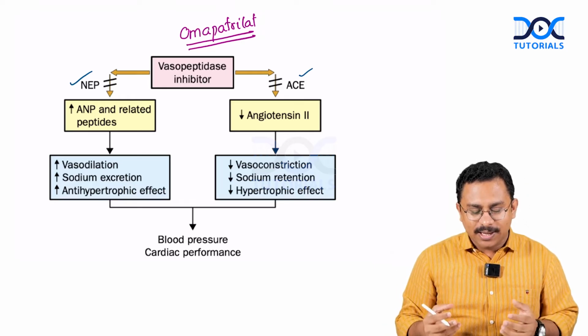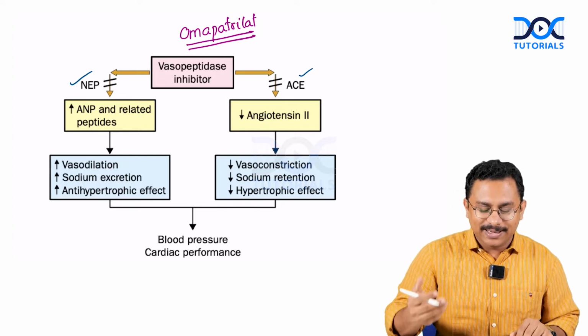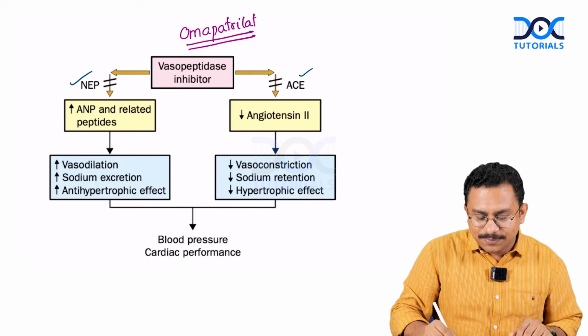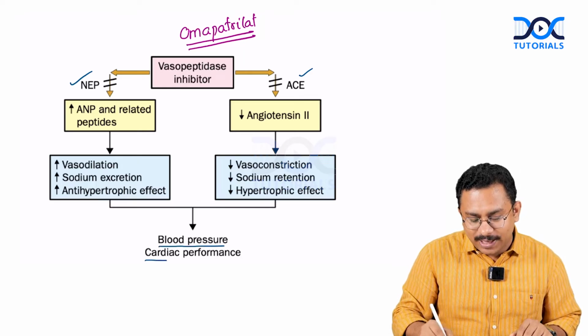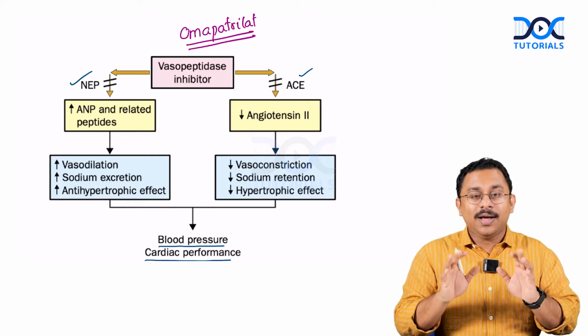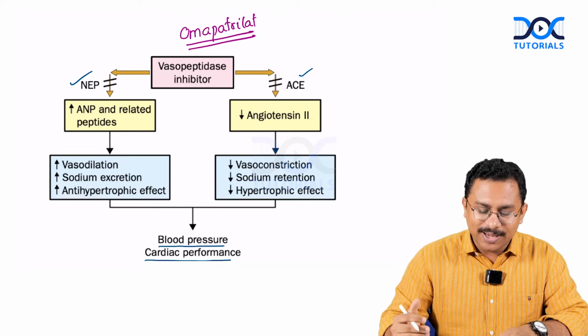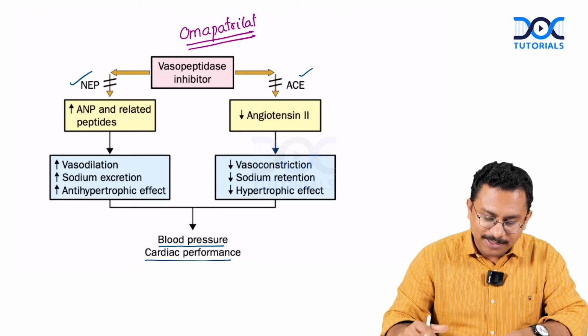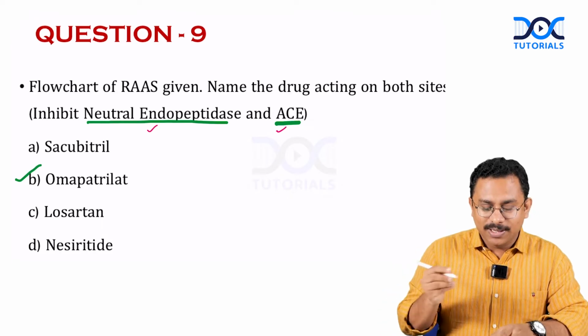Subsequently, they cause vasodilatation, excretion of sodium, and have an anti-hypertrophic effect. So it will help to lower the blood pressure and improve the cardiac performance. There are multiple advantages to this drug. The answer here is omeprazole, which is inhibiting both.